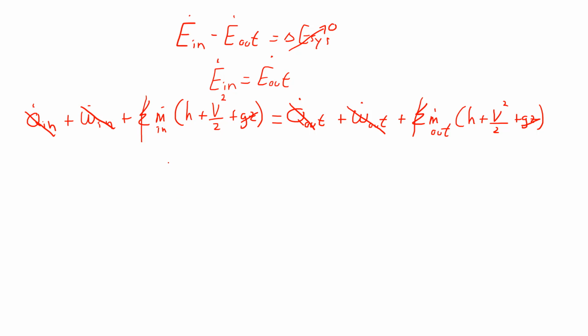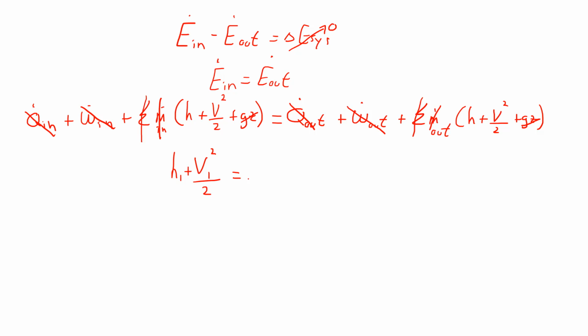And there's only one flow in of mass and one flow out of mass, or one mass flow rate in, one mass flow rate out. So those also get canceled out. So all that I'm left with is the enthalpy in plus the velocity squared over 2.